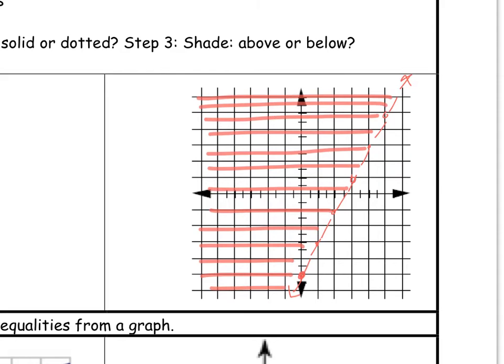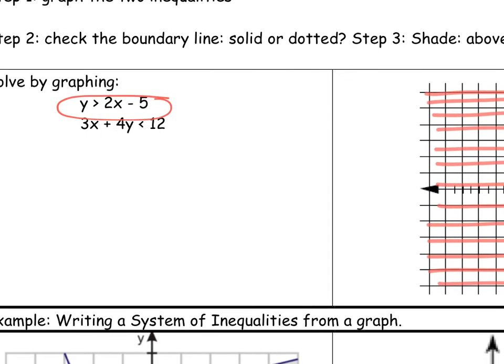We're going to graph the second equation, 3x plus 4y is less than 12, on the same coordinate grid. But first, I want to change this into slope-intercept form. Y is less than negative 3/4 x plus 3.